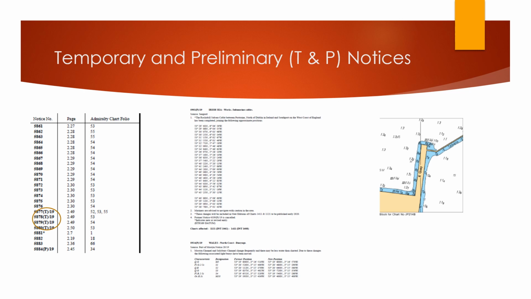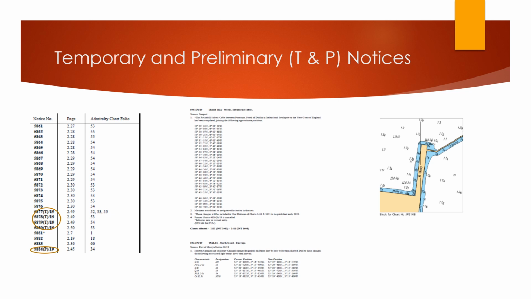You can see that some of these notice numbers are followed by the letter T or the letter P. Now these letters T and P, which are indicated after the notice numbers, are basically indicating that they are temporary and preliminary notices. So they are printed on one side of the paper in order that they may be cut up and filed.